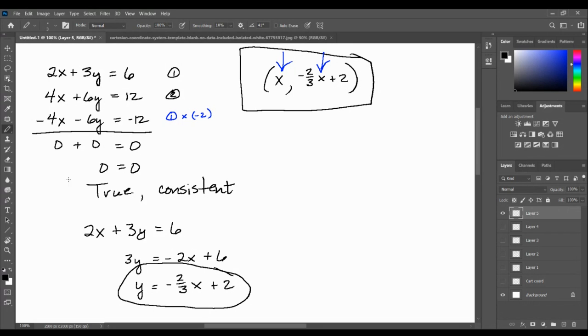And you'll have both of those show up in the homework. So there's either no solution because they're parallel, or you have an infinite number of solutions because one is on top of the other. Or you would be able to eliminate one variable and solve for the other, and you would be able to get a single point. Those are the three types of problems we'll see.